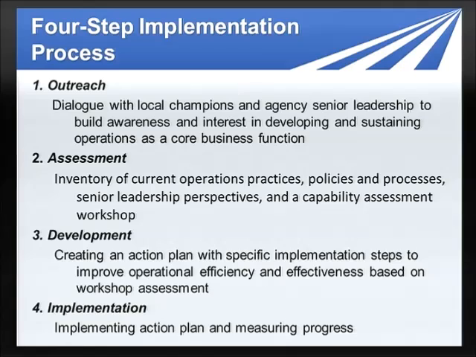It's a 4-step process approach that's being taken to the implementation. And the approach is based on a number of pilots of these workshops that were done initially during the research.